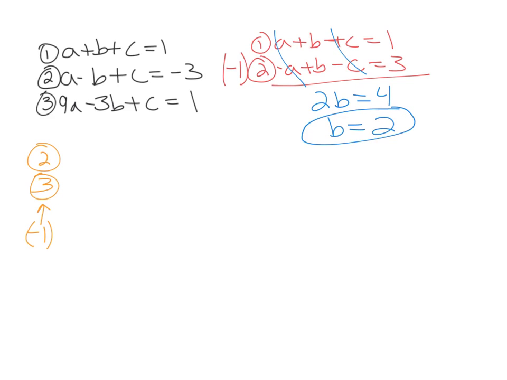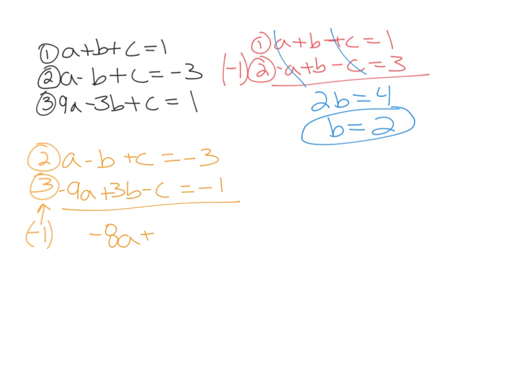That's going to allow me to eliminate my c. So here I would have a minus b plus c equals negative 3. And then if I multiply equation 3 by negative 1, I have negative 9a plus 3b minus c equals negative 1. Here I'd get negative 8a plus 2b equals negative 4.